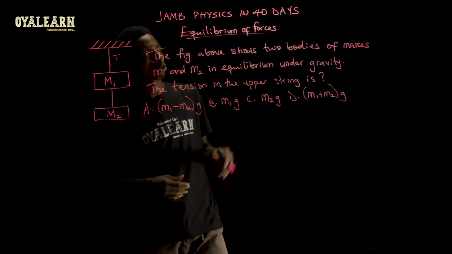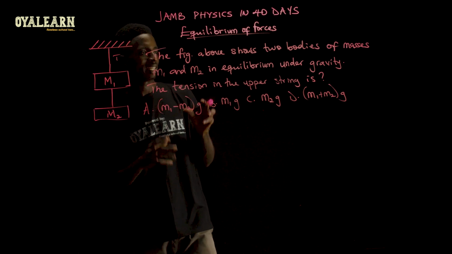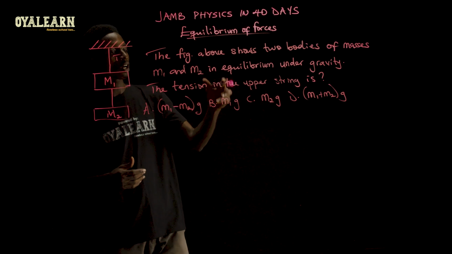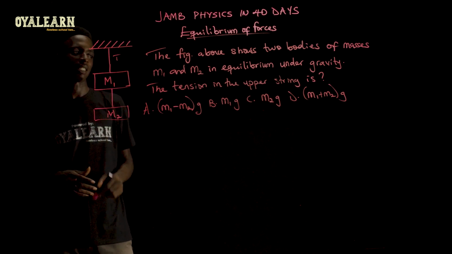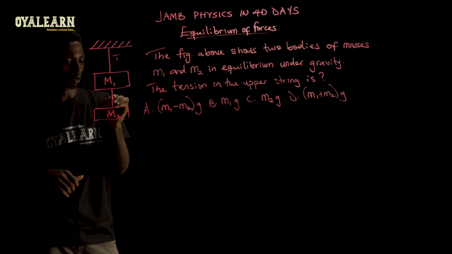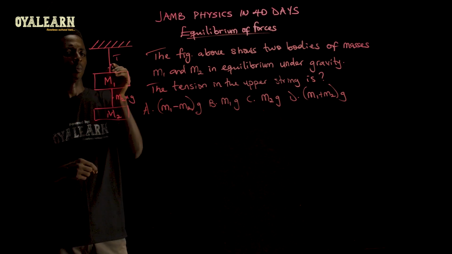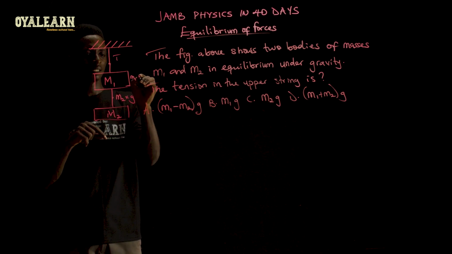The figure above shows two bodies of masses m1 and m2 in equilibrium under gravity. Now we're looking for the tension in the upper string, at this point labeled T. When we consider this diagram, the tension at this point is going to be m2 multiplied by acceleration due to gravity. But at this point, remember, this one is m1 times g.